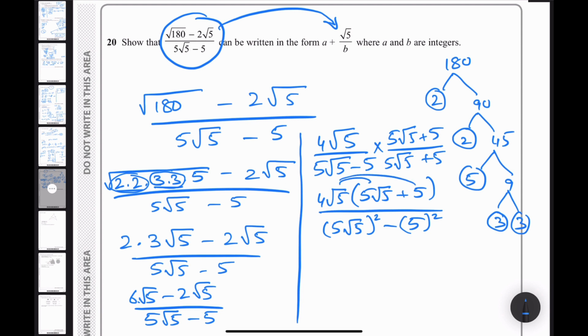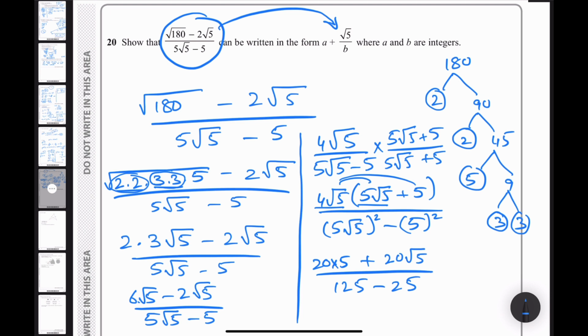Let's expand the bracket in the numerator. This times this will be like 20 times 5, because square root 5 times square root of 5 will become 5. 4 times 5 will become 20, so 20 times 5 plus 4 times 5 is 20 square root of 5, divided by 5 squared is 25 times 5, that will become 125 minus 25.